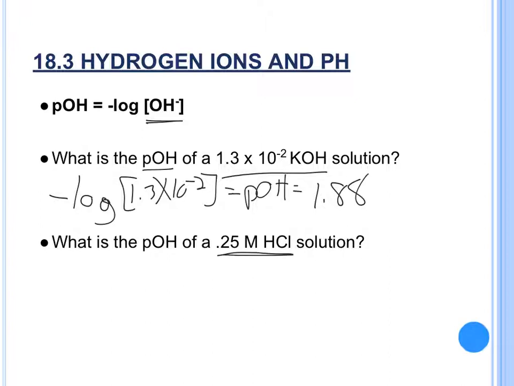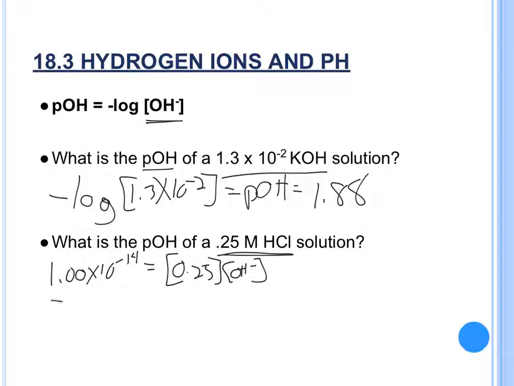Now, what's the pOH of a 0.25 molar hydrochloric acid solution? Right, so that's the same solution that we started with on the last slide, and we found the pH of that, which was 0.6. Well, we can go through the same process we did before, where we say, okay, 1.00 times 10 to the negative 14th equals the hydrogen concentration of 0.25 times the hydroxide concentration.